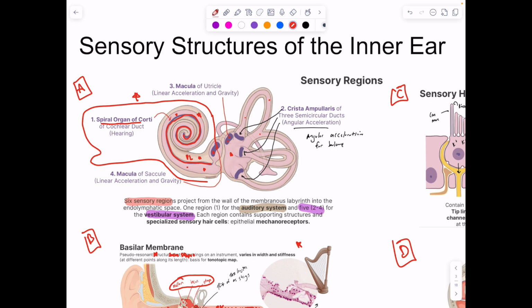These all contain hair cells. Or if you're in the crista ampullaris of this semicircular duct, or this crista ampullaris of this semicircular duct, or this crista ampullaris of this semicircular duct. All right, so the idea is that movement of the endolymph is going to cause motion of the hair cells.